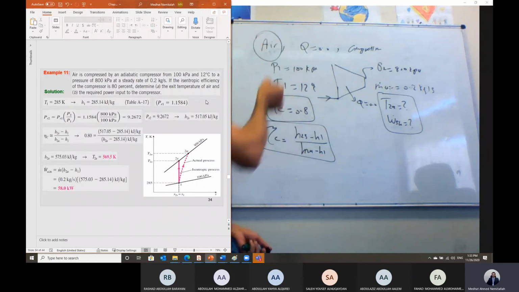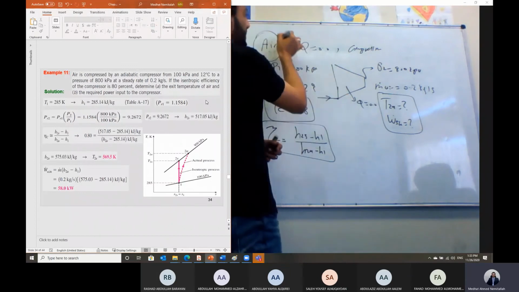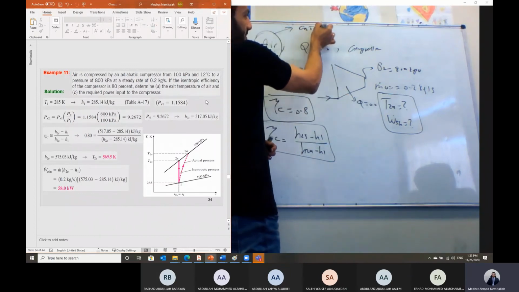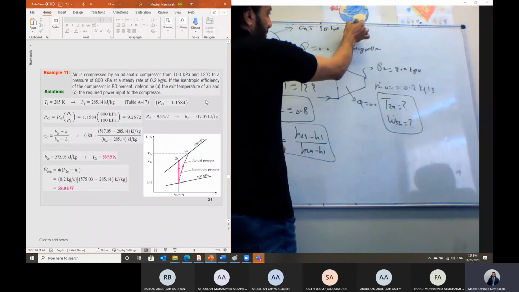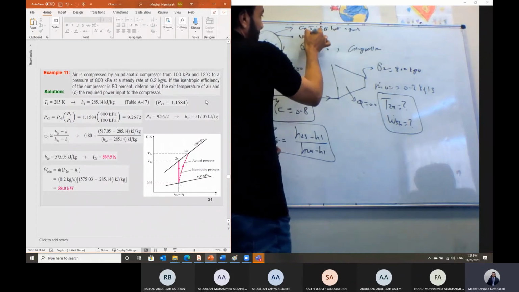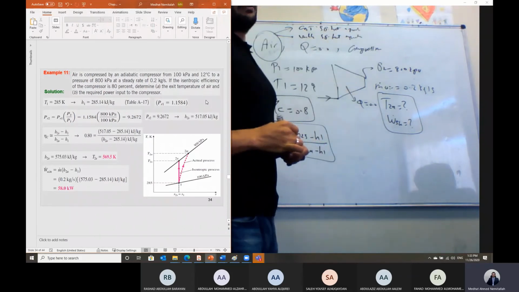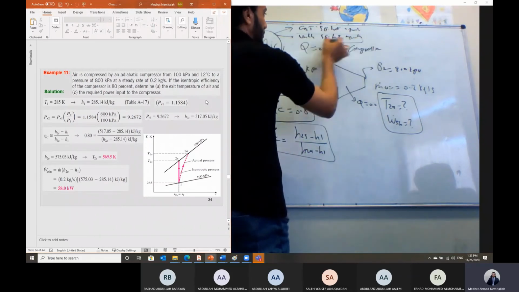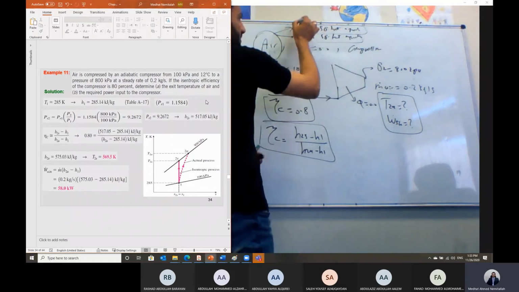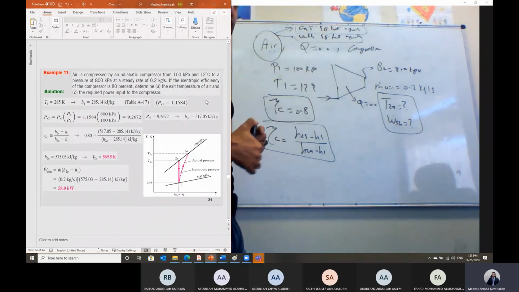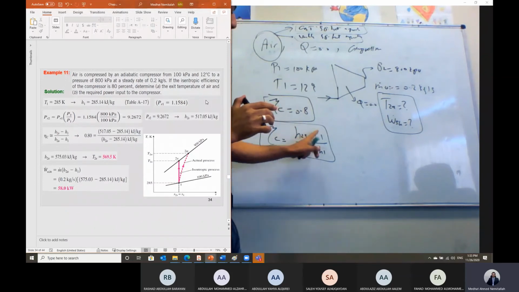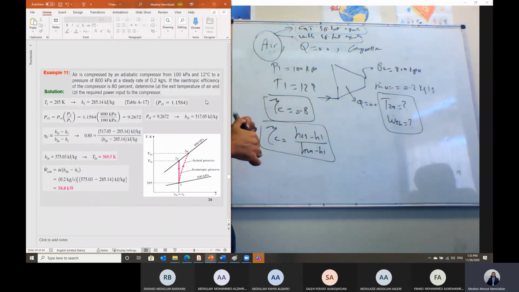Here the working fluid is gas, and when we have gas, we have the constant specific heat approach and the variable specific heat approach. Keep this in mind: to calculate delta h or delta s for an ideal gas, we have two approaches. In this problem, he didn't tell which approach to follow, so I will follow the variable specific heat approach, using the tables.